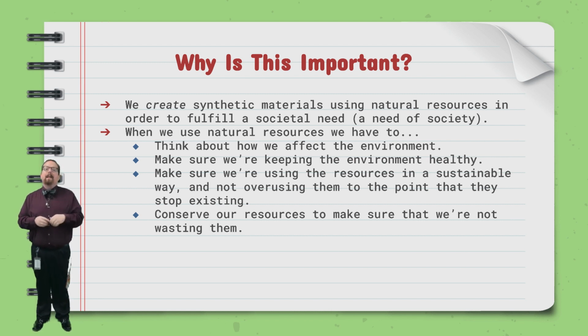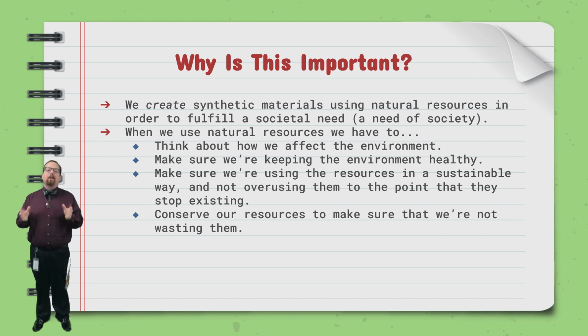The purpose of making synthetic materials is to fulfill a need of society, to create new tools that make our lives easier, or new medicines that help us stay healthy, and so on. But every time we create a synthetic material, we're using our natural resources. We have to think really hard about how that affects the environment and make sure that we're keeping our environment healthy. Let's take the scissors, for example, again.